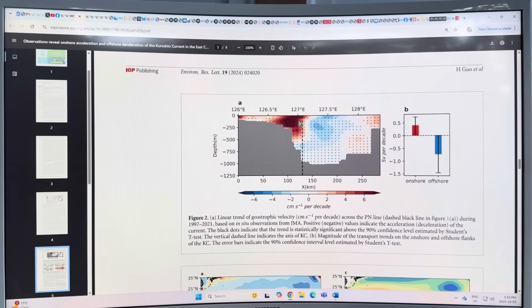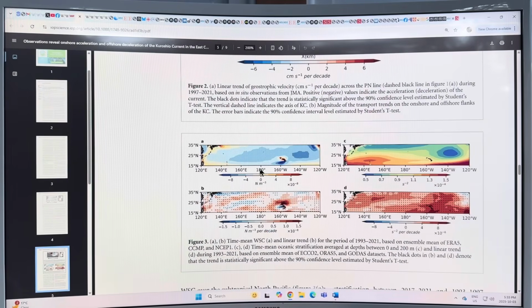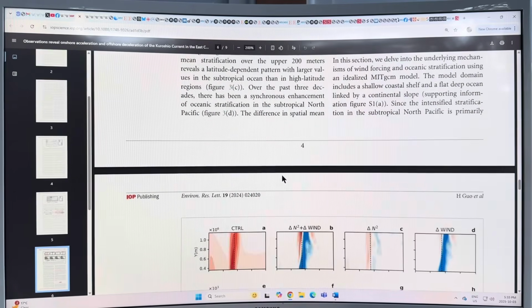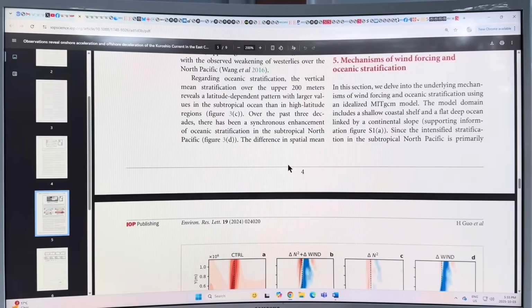So we're increasing the speed of the Kuroshio Current on the coastal side, and on the ocean side, it's actually decreasing at an even larger rate in some central areas.